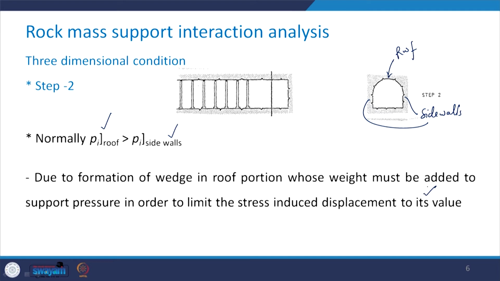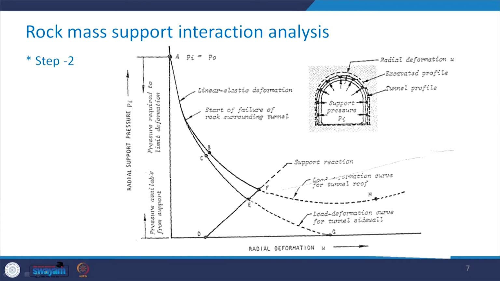So, therefore, you get such a situation that Pi for roof is always more than Pi of the side walls. So, in this case, you see that this will correspond to these 2 points B and C.